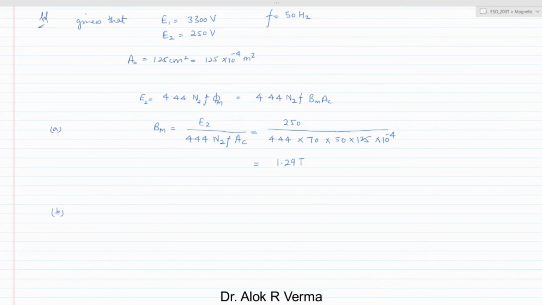Now for part B, where we have to find out the number of turns on the HV side, we can write the voltage per turn, E1 by E2, nothing but N1 by N2, which implies the number of turns on the HV side can be written as E1 by E2 into N2, which is nothing but 3300 by 250 multiplied by 70.